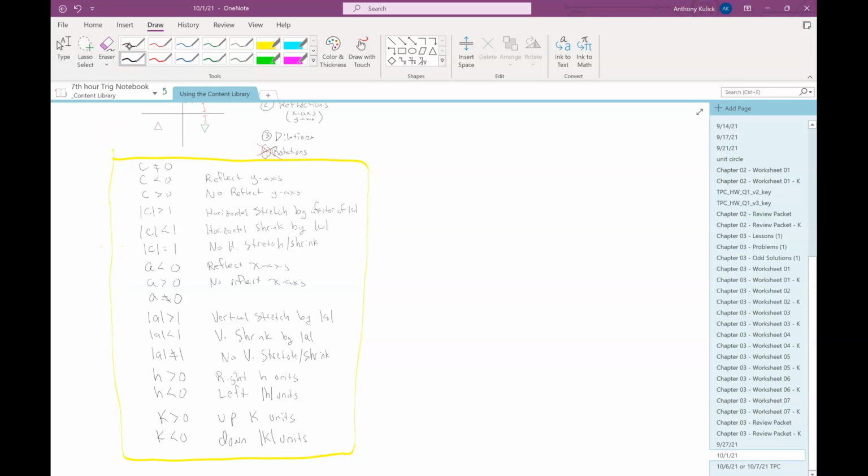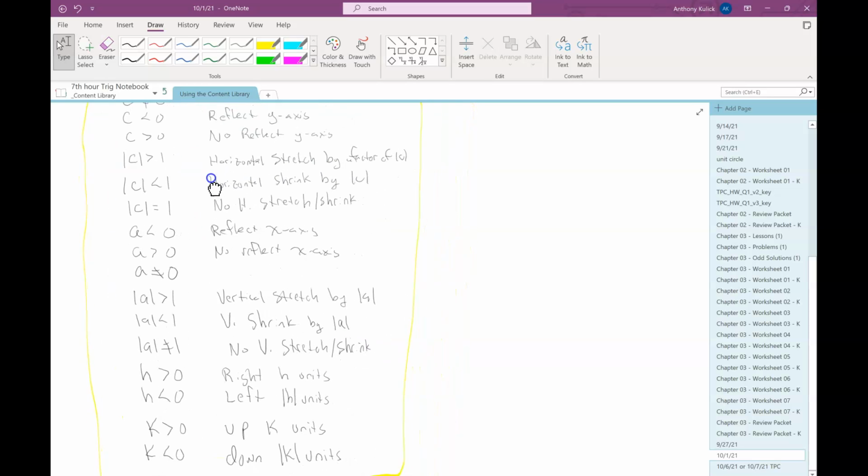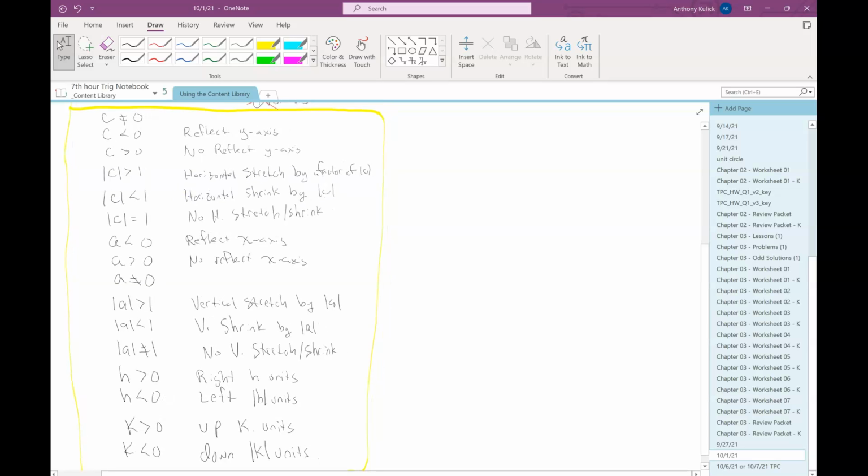So we have that algebraic representation of a transformation, and we can use that to come up with a verbal description of the transformation. Let's do a couple of examples where we do that. Sound good?